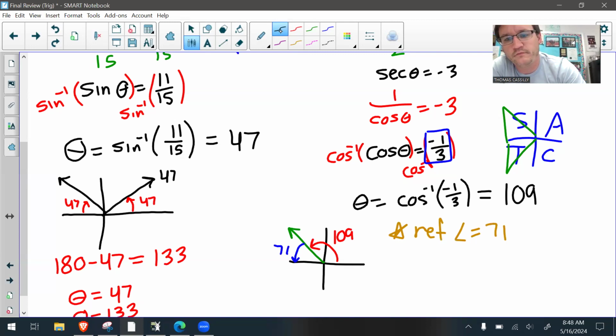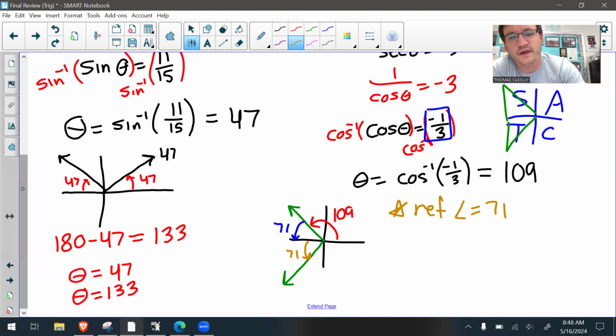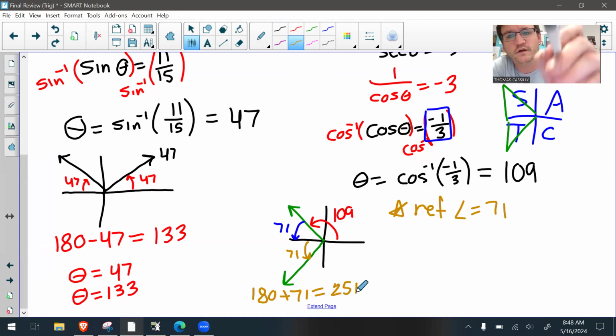All right, so theta, the second one, we know has to be in quadrant 3. So that's going to be 71 degrees beyond the x-axis. So this is 180 plus 71, right, which is I want to say 251.